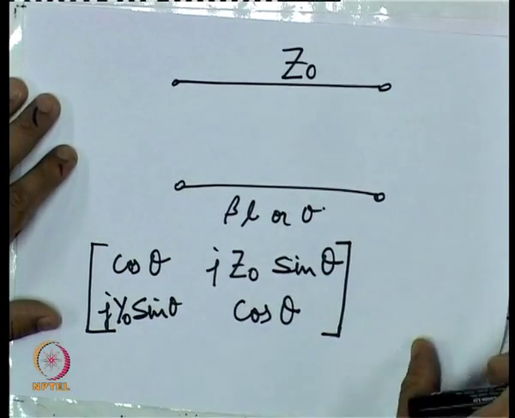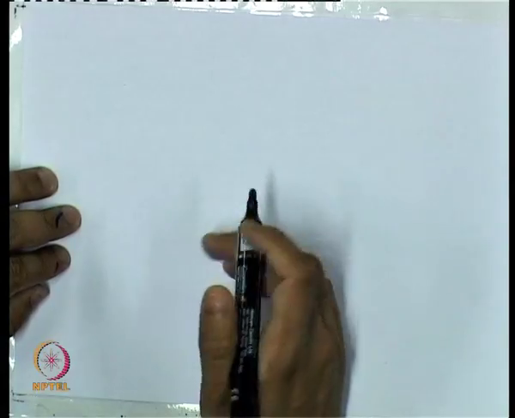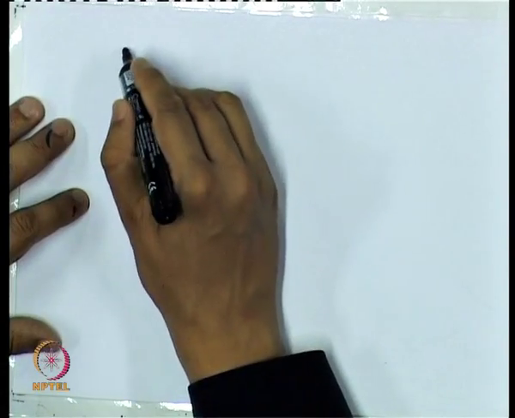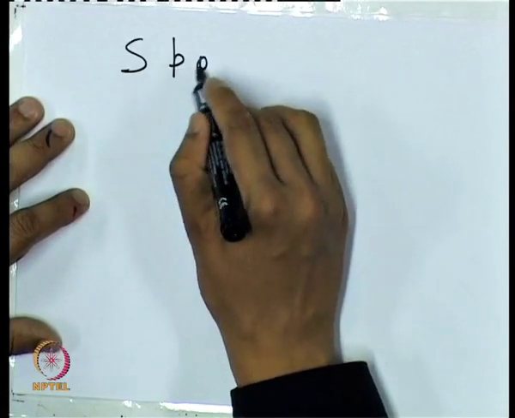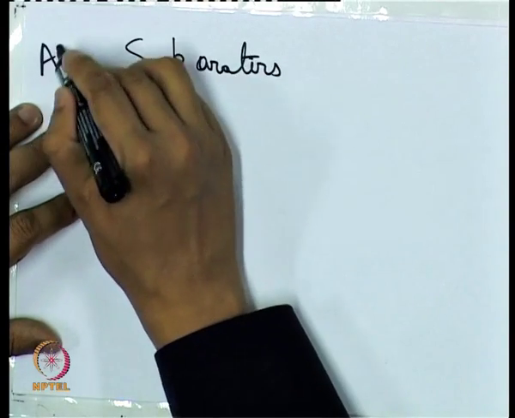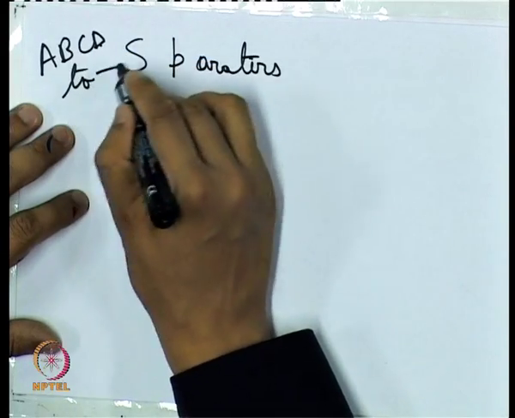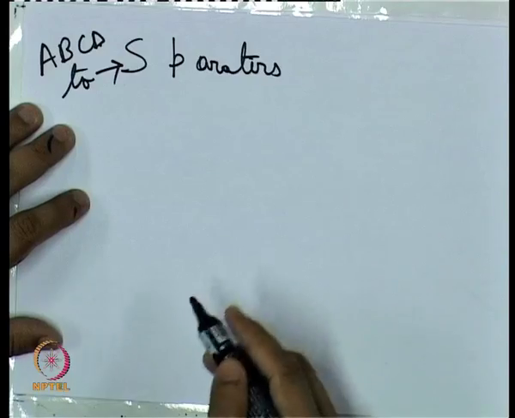Now there are some relations relating the S parameters to the ABCD parameters as well, just like the relations we had between the Z parameters and the S parameters.